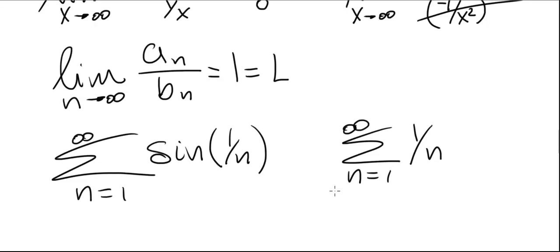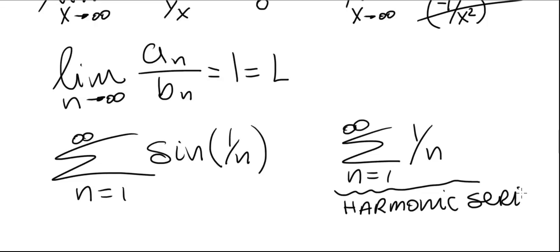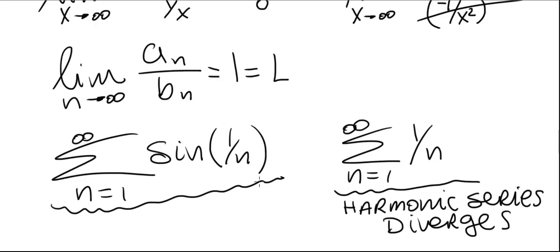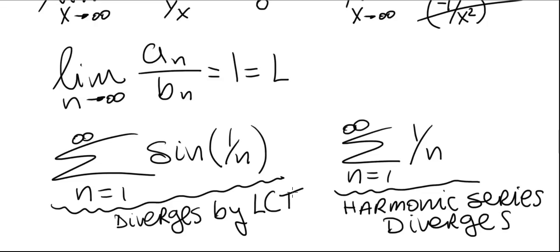But when we look at this series, we recognize this as, of course, the harmonic series. And the harmonic series diverges. And because it diverges, we can now say that the summation n equals 1 to infinity of sine of 1 over n also diverges by the limit comparison test.